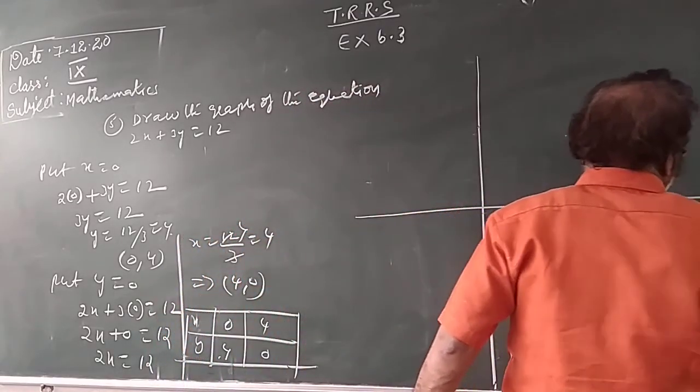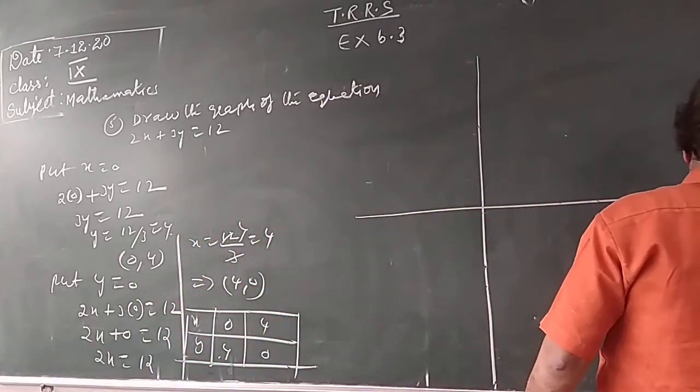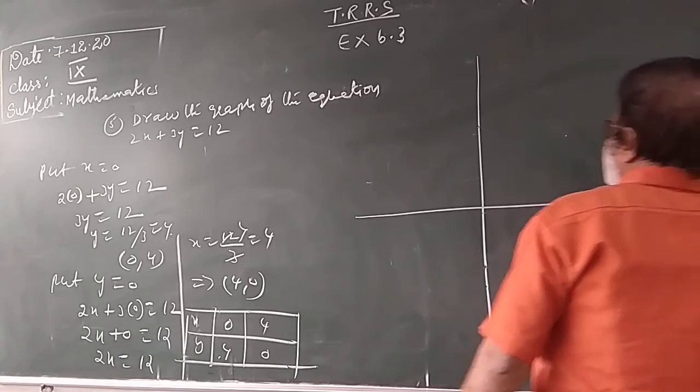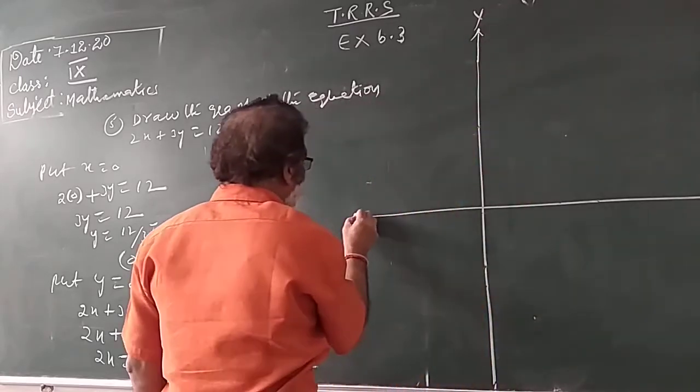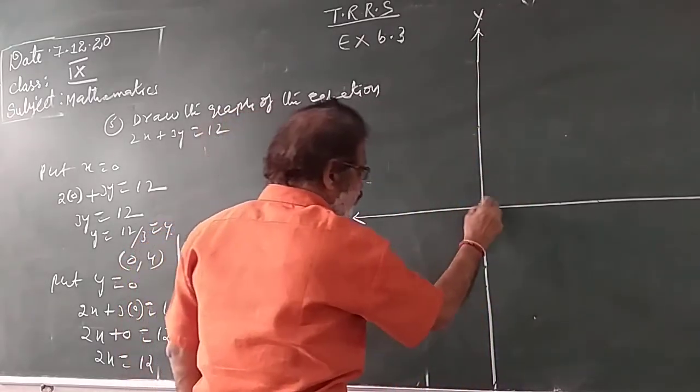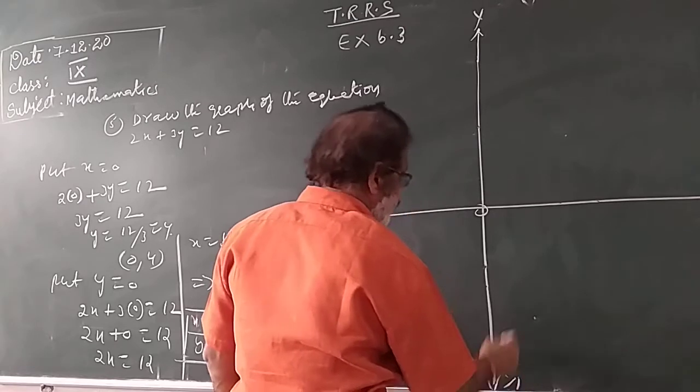Draw the graph. This is x, this is y, this is x dash, this is y dash.